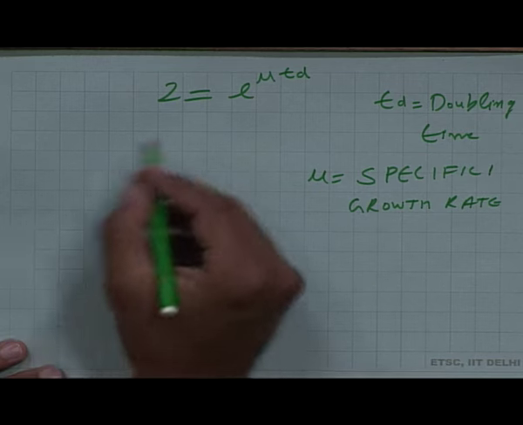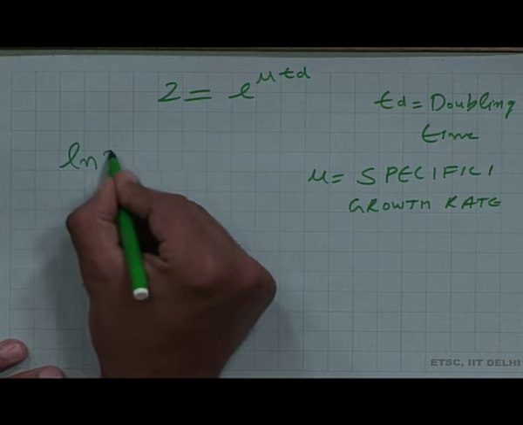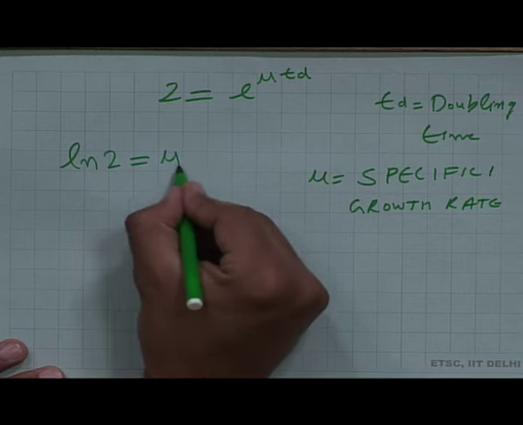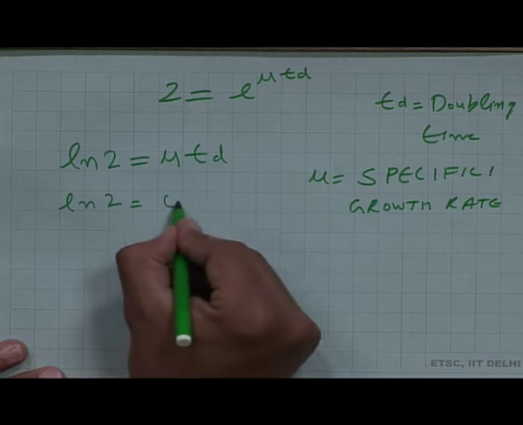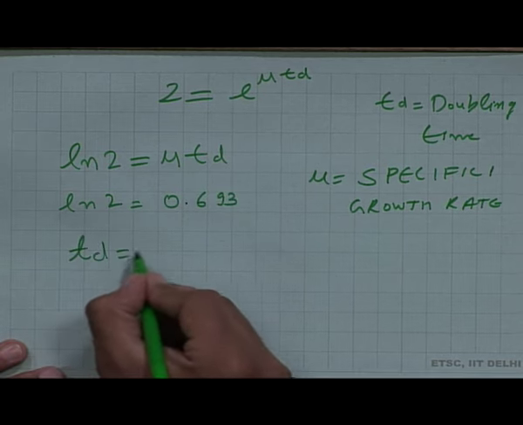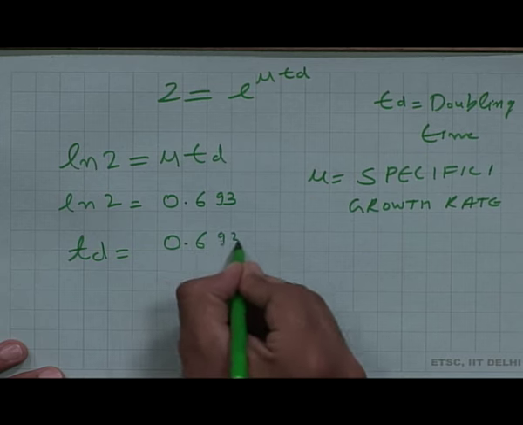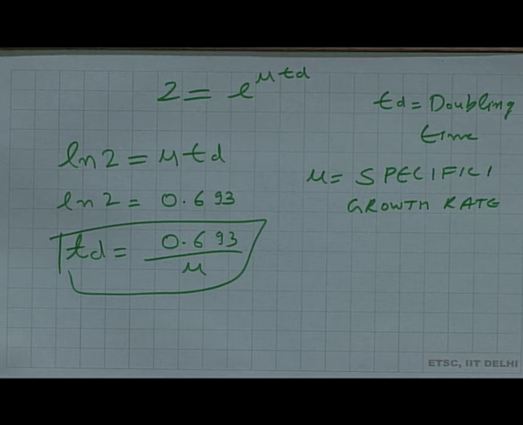Now, if I take natural logarithm, ln 2 is equal to mu t d, and ln 2 is equal to 0.693. So, my doubling time is equal to 0.693 divided by mu. I can calculate my t d by dividing 0.693 by mu.